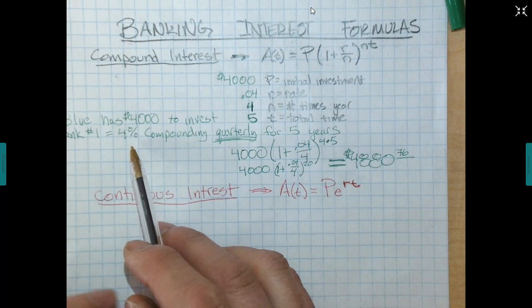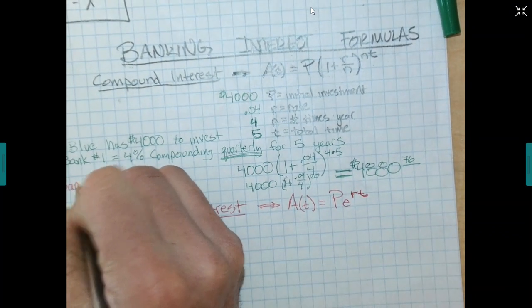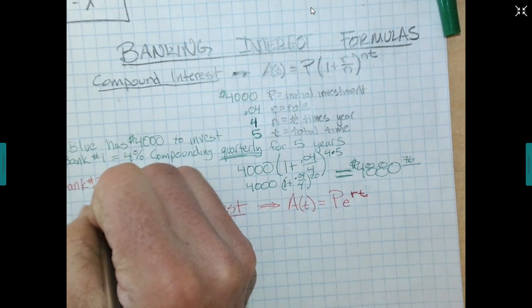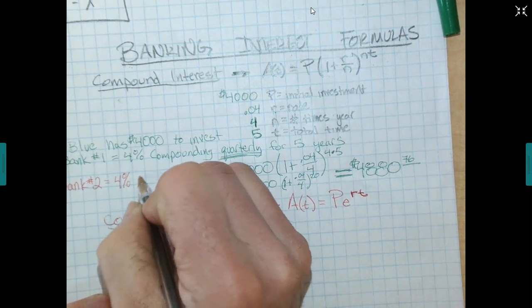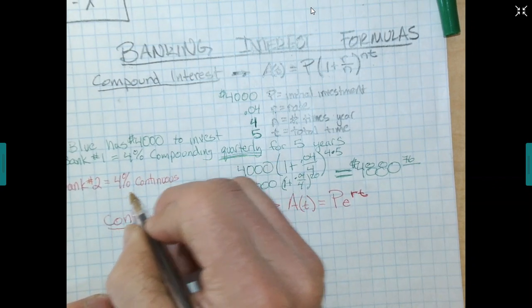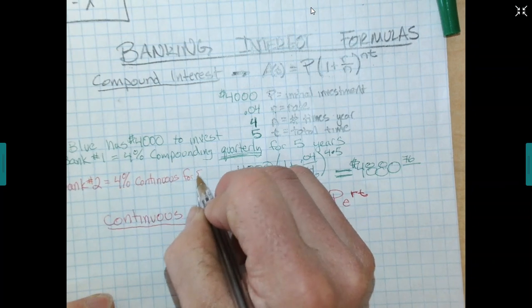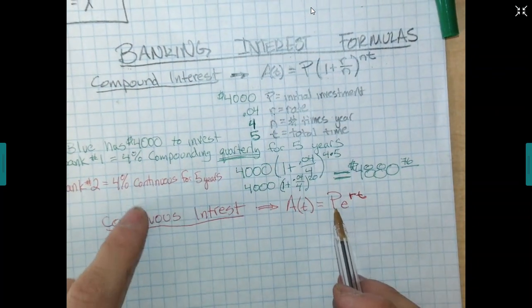So for bank number 2, I have 4% continuous for 5 years. Okay, so that's all I need. So I'm going to plug it in here.